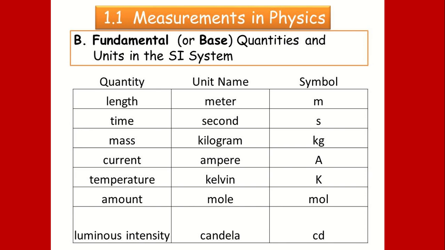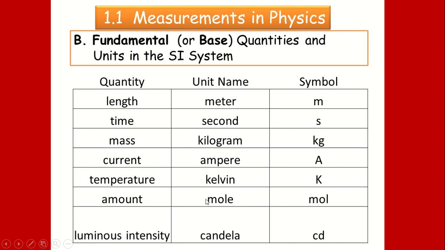You must remember this information. Temperature. The temperature is also measured by the unit of Kelvin. Kelvin, it is also one scientist's name. So according to his name, this unit comes. That's why it is expressed by capital K, not small k.